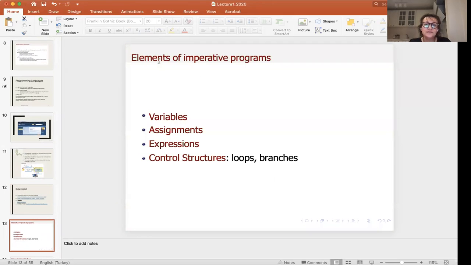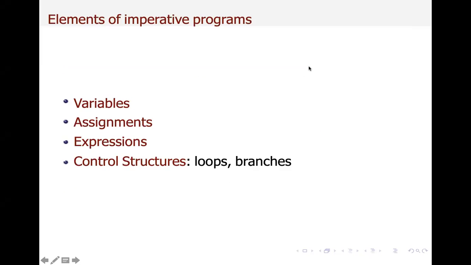Now I will start with the elements, the components of the programs. Elements of programming, imperative programs. There are 4 components: variables, assignments, expressions, and control structures, which will control the execution of the statements.